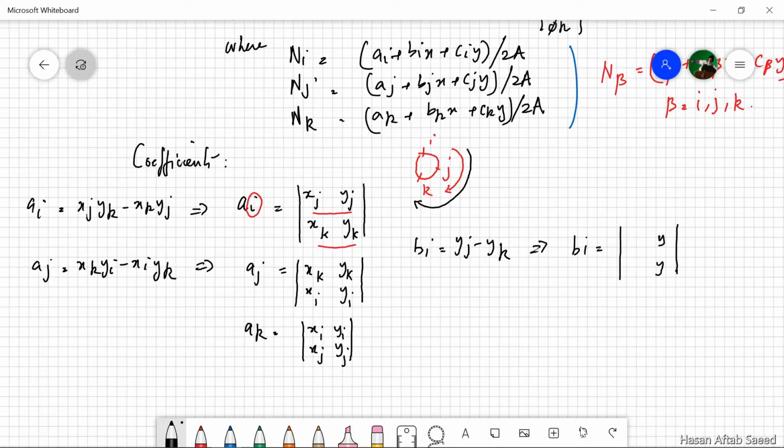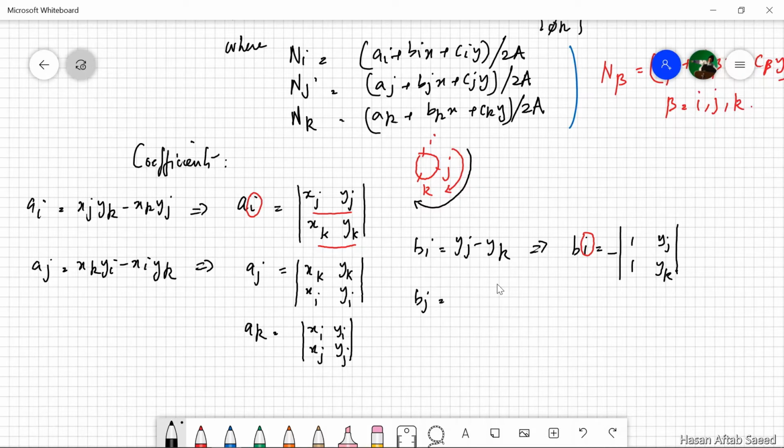Y will be here, but there is no x in this expression, so just write 1 here. And because this is i, you should write j and k in sequence here. You have j here and k here, but you don't get the same result as this one unless you put a minus sign here.